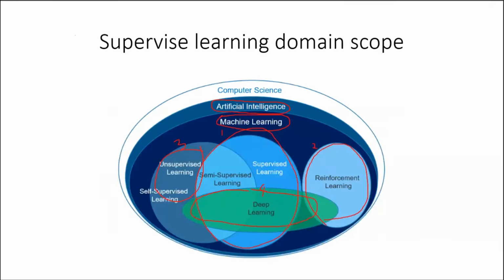Supervised learning is under machine learning. Artificial intelligence means a computer that has intelligence to solve problems. The computer has an intelligent element, not a very straightforward if-then-else. It can do some prediction, for example predicting that today is going to rain, and the prediction is more accurate than a human's.